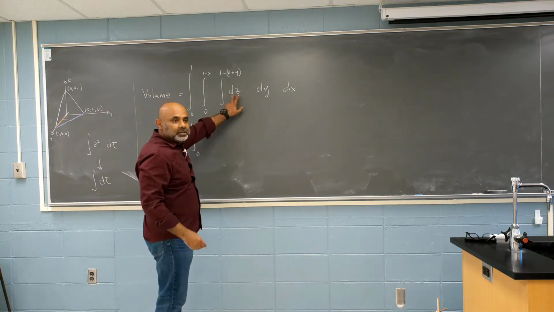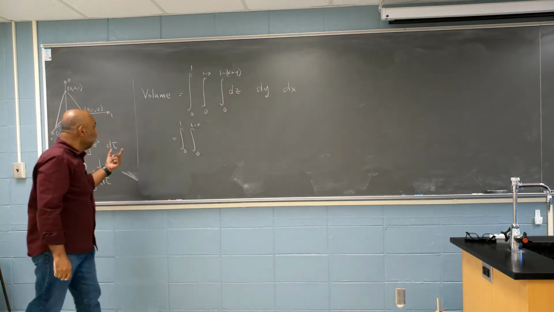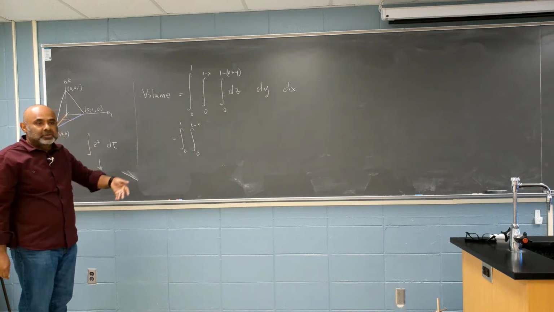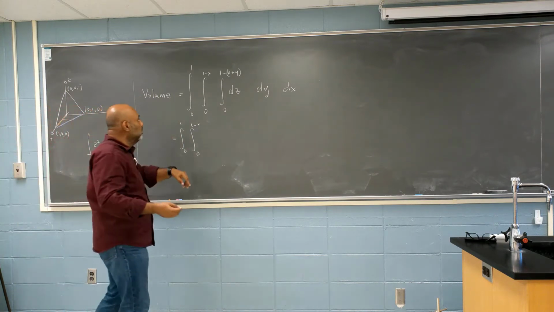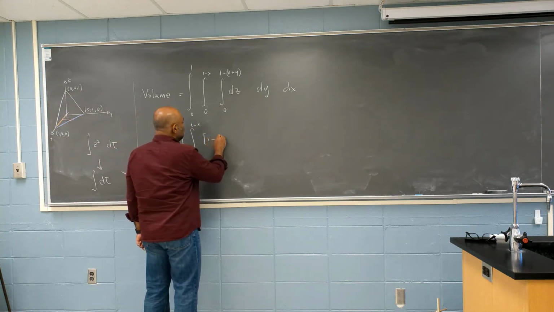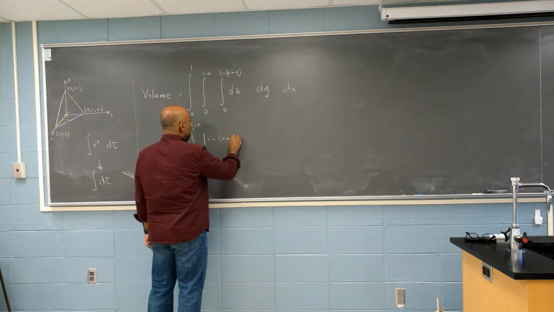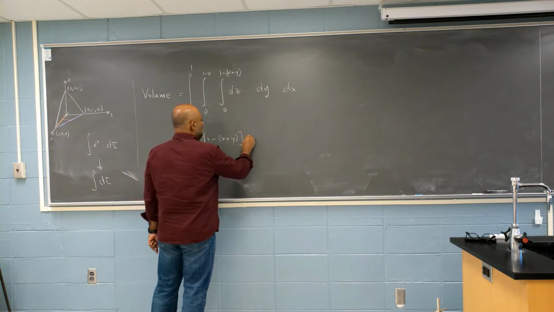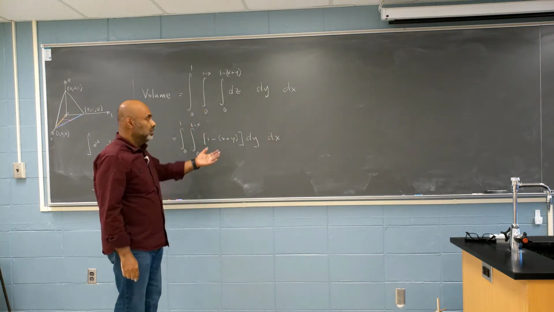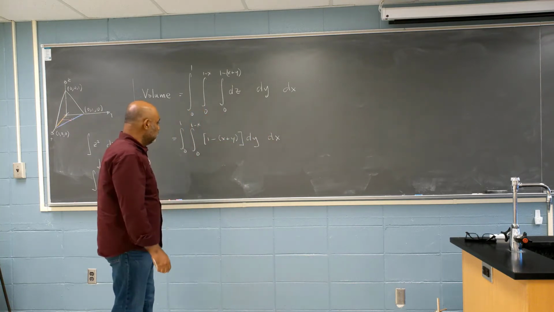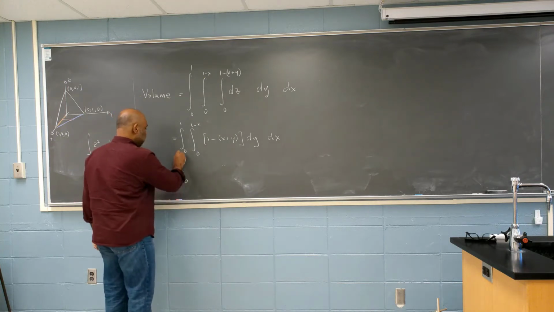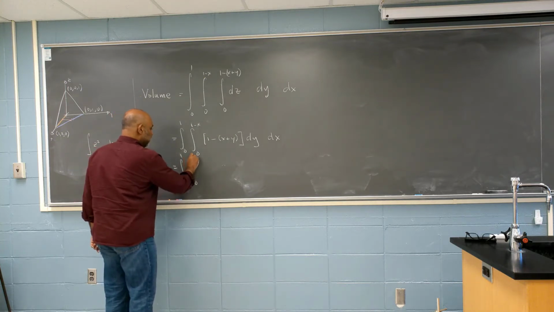Integral of dz is just z. If you were doing the other problem, you would get z squared dz, so it'll be z cubed over 3. I just didn't want that cube. So then I simply get 1 minus x plus y dy dx. When z equals 0, it's just 0. Let me simplify this slightly.